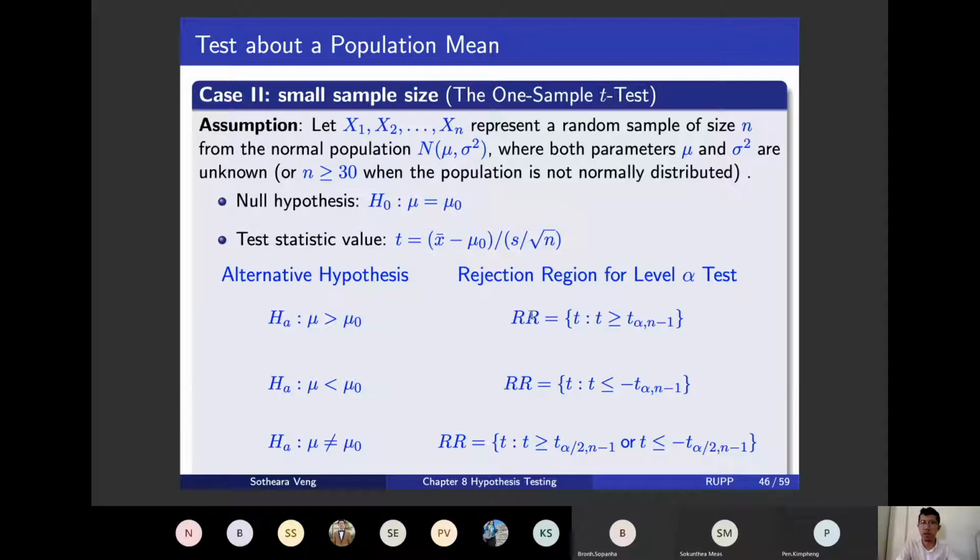You conjecture that it is equal to a certain value, and then you try to find some evidence to support your claim about the population mean. So you're trying to find evidence to support your claim. The evidence in this case is the data you collected, right?